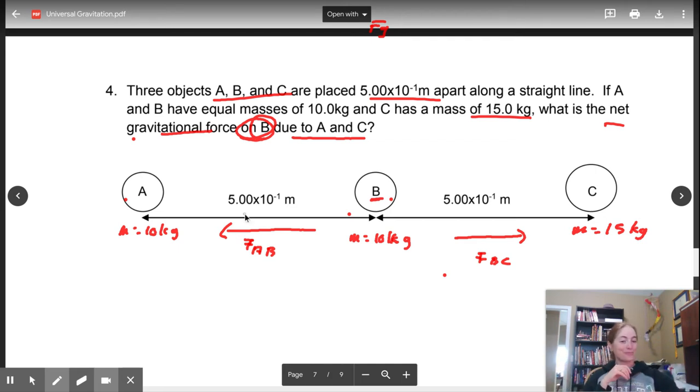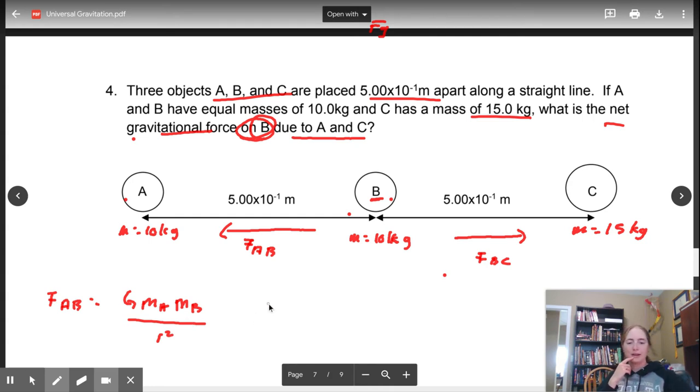Okay? Okay. So, ladies and gentlemen, our force AB is going to equal G M A M B divided by R squared. Okay. Now, for sake of space, I'm just going to write these in a bit of a line here.